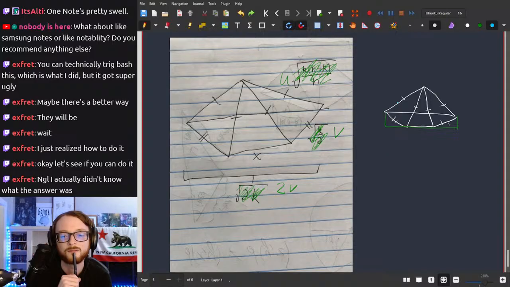I thought that these two angles being the same would be enough to do it, but they don't do it immediately for us. Or do they? If this angle and this angle are the same, no. I don't think it has to be isosceles.